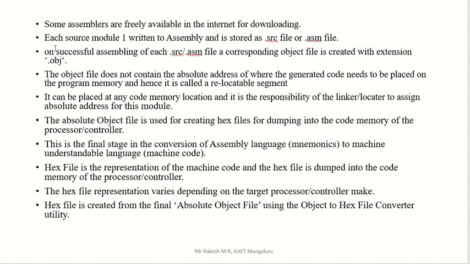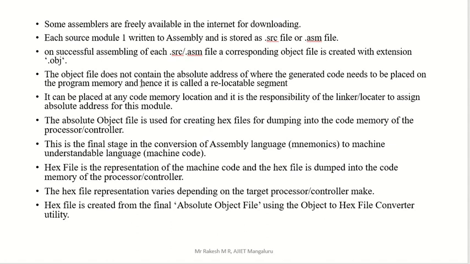Once you save that, then on successful assembly of each .src or .asm file, a corresponding object file is created with the extension .obj. The conversion is done by using the assembler, which converts your .asm file to a .obj file.